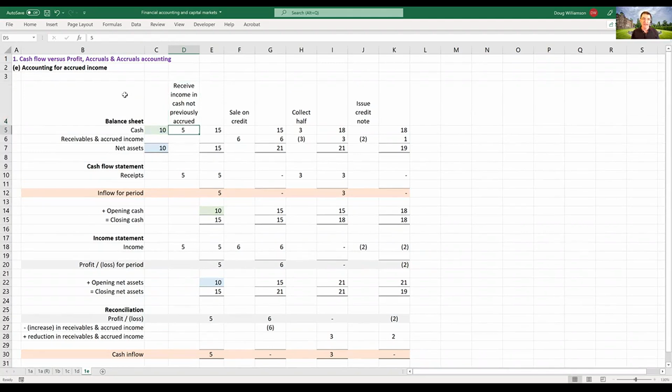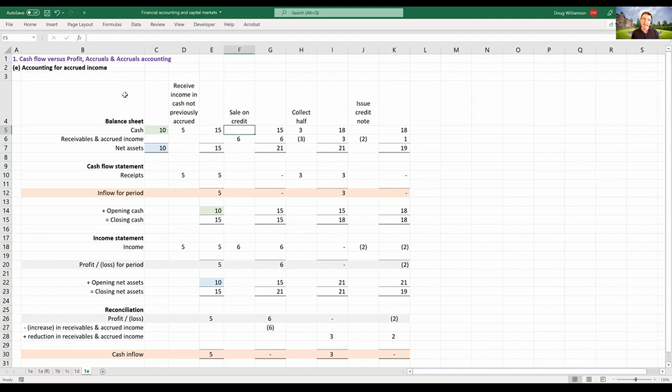If we had not accrued income, so we just have a new sale, a new item of income, and it hadn't previously been recognized, cash goes up, it's a receipt. And in this example, profits are 5, receipts are 5, and there's no difference between the profit of 5 and the cash inflow of 5.